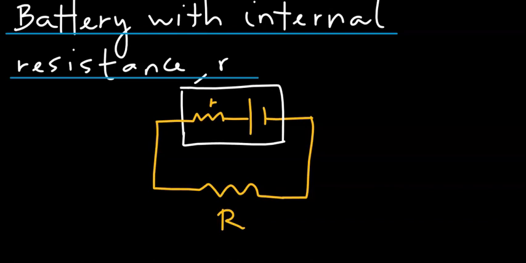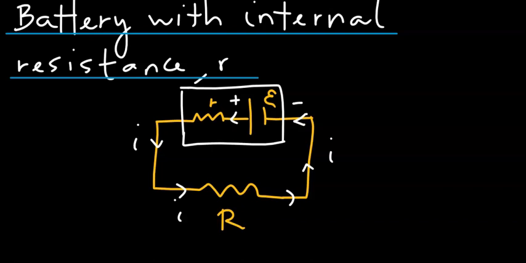So let's say the EMF of the battery is E. The current from the battery will go in the same direction, from the positive terminal to the negative terminal, outside in the external circuit, like that.